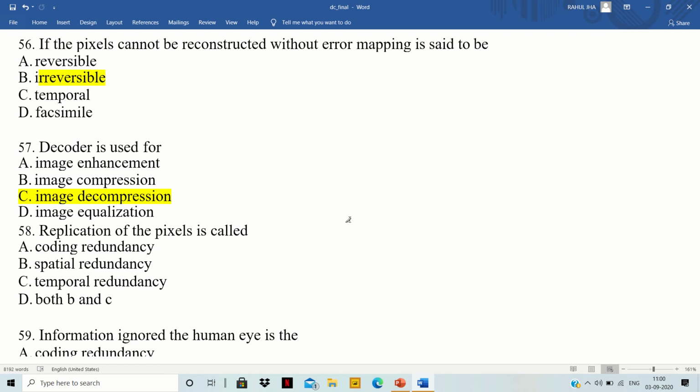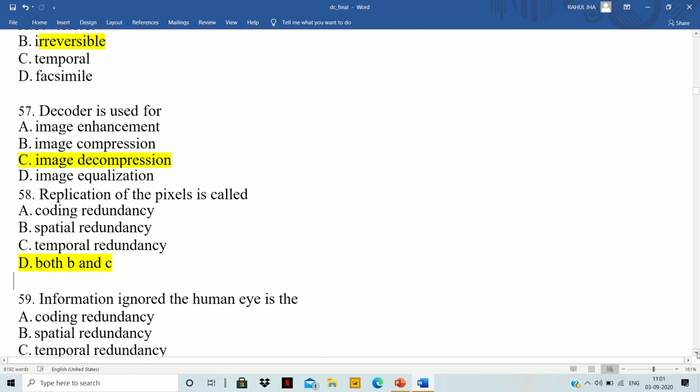So the right answer will be D. In the case of spatial redundancy and temporal redundancy, we are replicating the pixels. So that would be called spatial redundancy also and temporal redundancy also, because we are replicating the pixel in both cases.